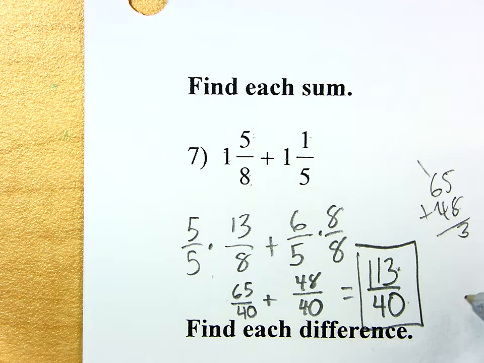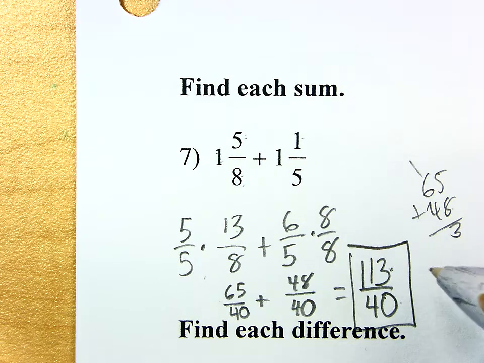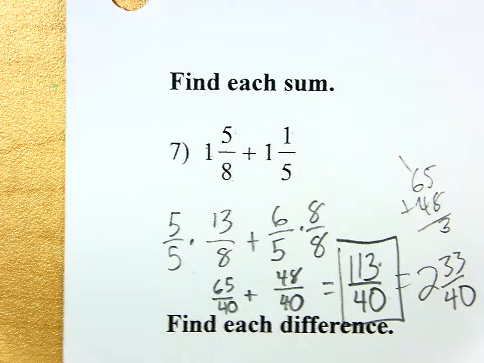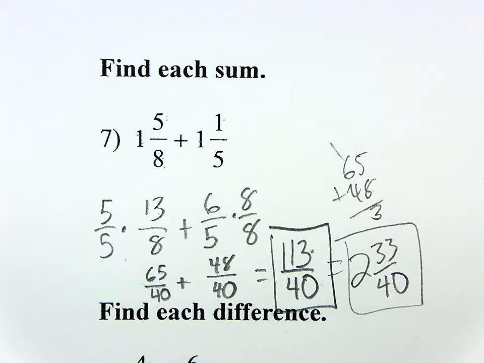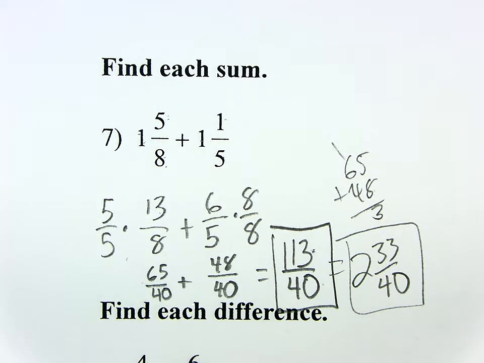If you did a mixed number, you'd cross multiply them and then add them. 2 and, let me show you, 33 40ths. Yeah, I made it a mixed number. So is 2 and 33 40ths your answer? Yeah, that's why I was confused. Okay.